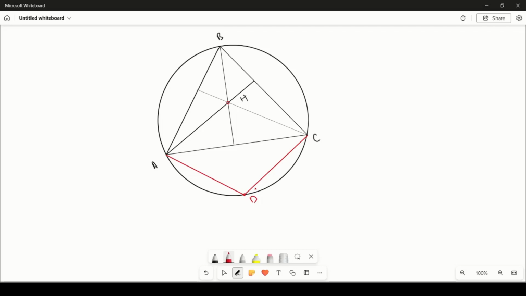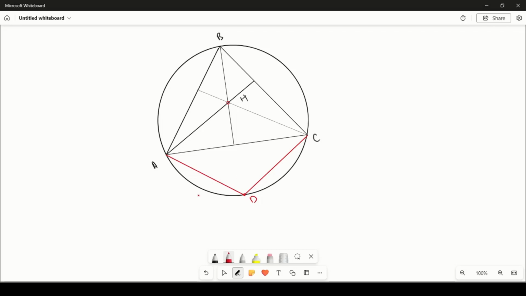And so you're done proving, because the act of reflecting is sort of like folding it over. So you've unfolded it, and by unfolding it, you have shown that you've gotten a cyclic quadrilateral. And by showing that, you've shown that the orthocenter has effectively traveled to the circumcircle.